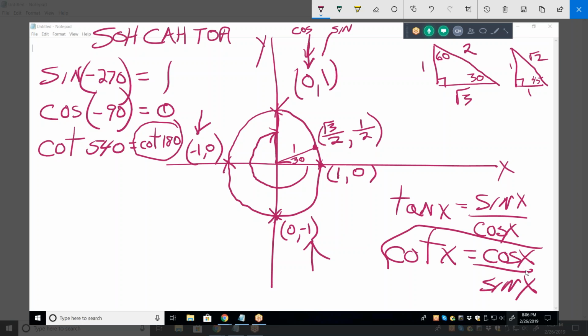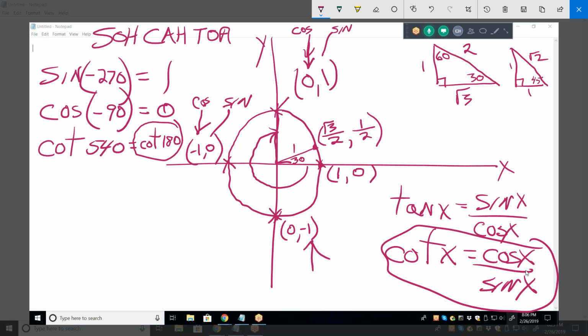So they want the cotangent of 180. Do the math. What's cosine over sine? Remember, it's cosine over sine. That first number is the cosine. That's the sine.